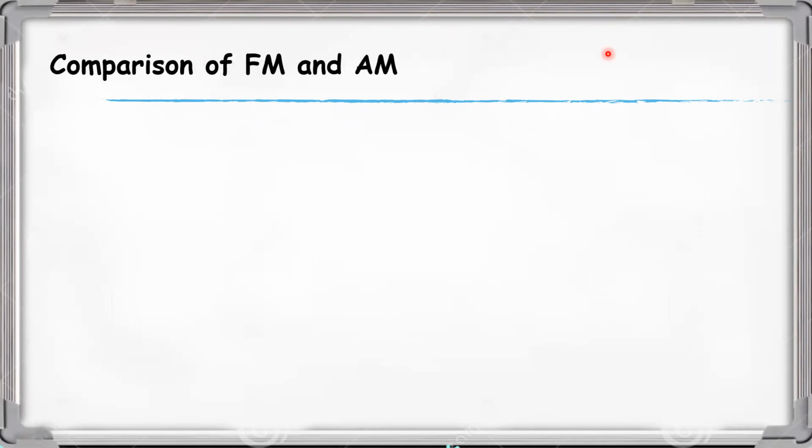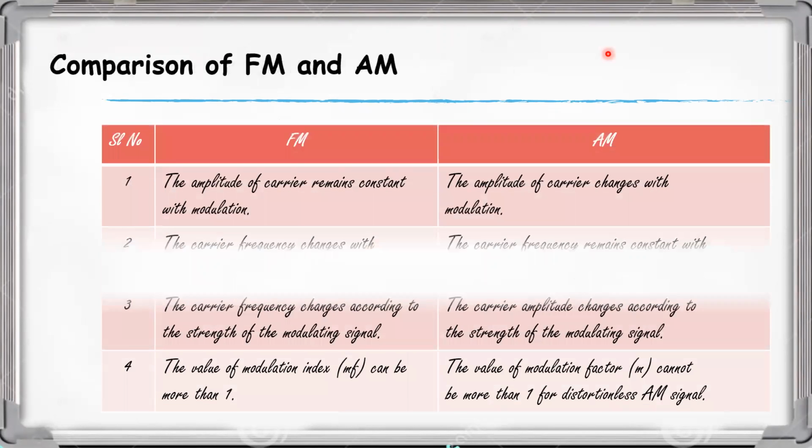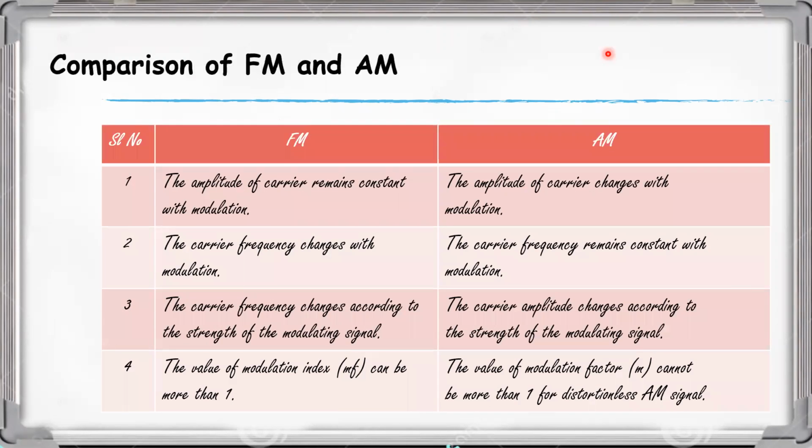Then the comparison of frequency modulation and amplitude modulation. Mainly there are four differences. In frequency modulation, the amplitude of the carrier remains constant with the modulation, but in AM, the amplitude of the carrier changes with the modulation.